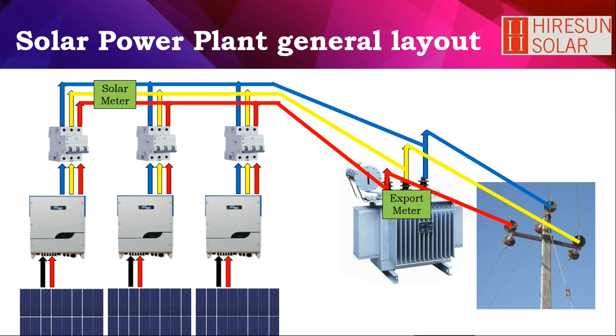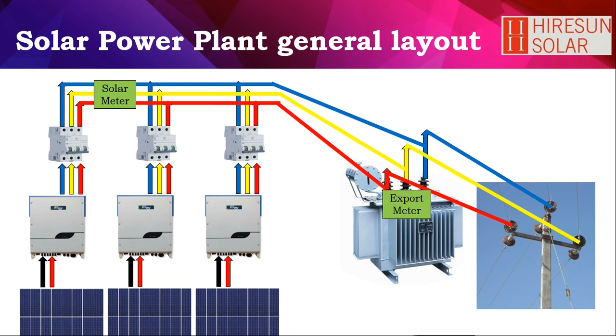The solar meter is connected to get the data of exported power. So it is also known as export meter or solar meter, and this is the main transformer, and through this main transformer it is connected with the grid.